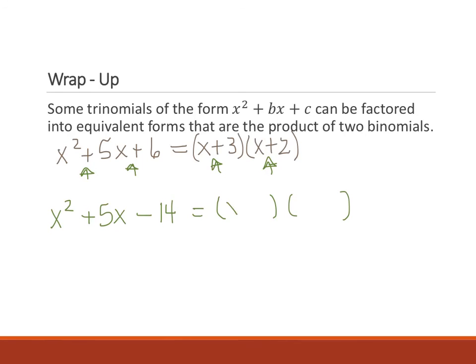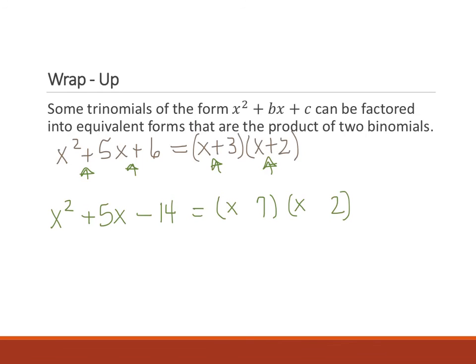I will still have x times x, but two numbers that multiply to give me 14 but have a difference of 5 would be 7 and 2. So how I figured that out was that I looked at the number on the end, the 14, and asked what two numbers would multiply to give me 14 but subtract to give me the 5, and that's 7 and 2.